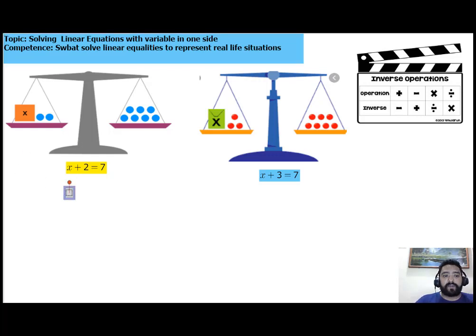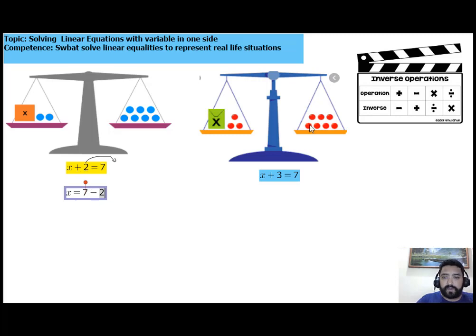In the first step, copy the variable x, then the equal sign and the number 7. And we are going to apply the inverse operation with the number 2. If the number 2 is positive, we move it to the other side as a negative number. So we are going to have x equals 7 minus 2.